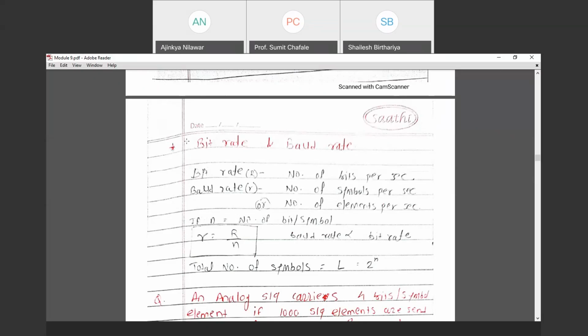The best example is your set-top box. On the backside of the set-top box you are having one wire, that is an optical cable, which will carry digital information, right? And that digital information is converted into analog form whenever you are observing on the TV. So for this conversion, that means digital to analog conversion, we require a shift keying technique, right?